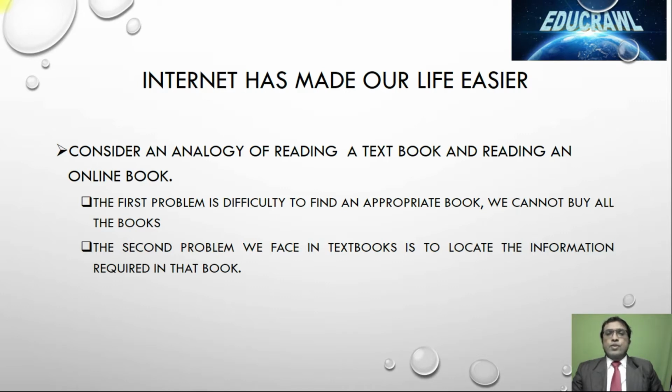Suppose you want to find an HTML book in a very big library. If you search in the computer section, there will be n number of language books. Out of that we have to find the HTML book, and if you want a particular author's book, it is very difficult to search.